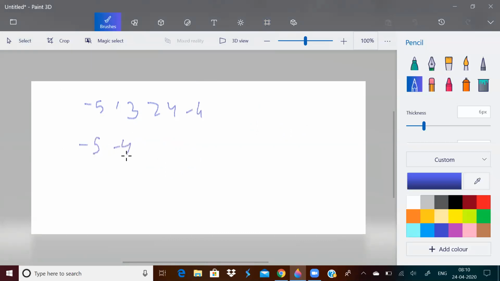Same procedure. Sorry, I've made a mistake. The array sorted is -5, -4, 1, 2, 3, 4.